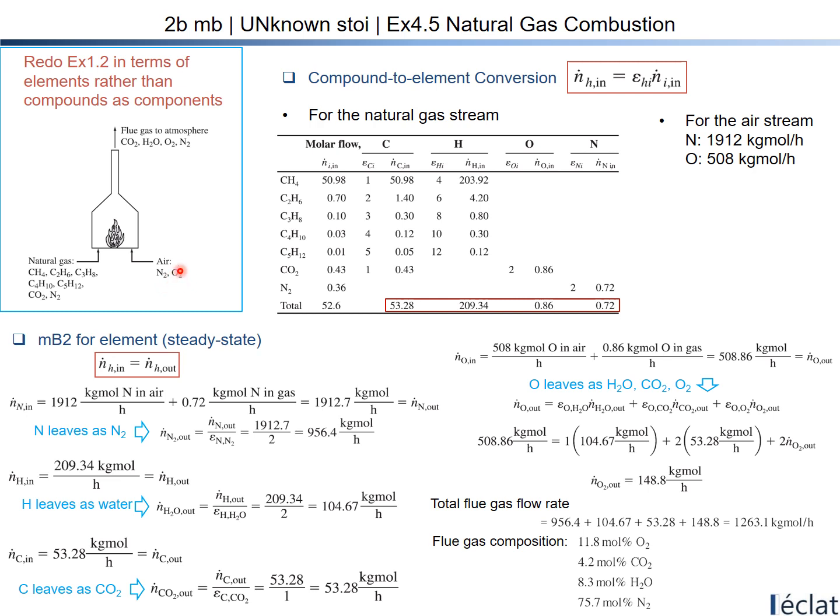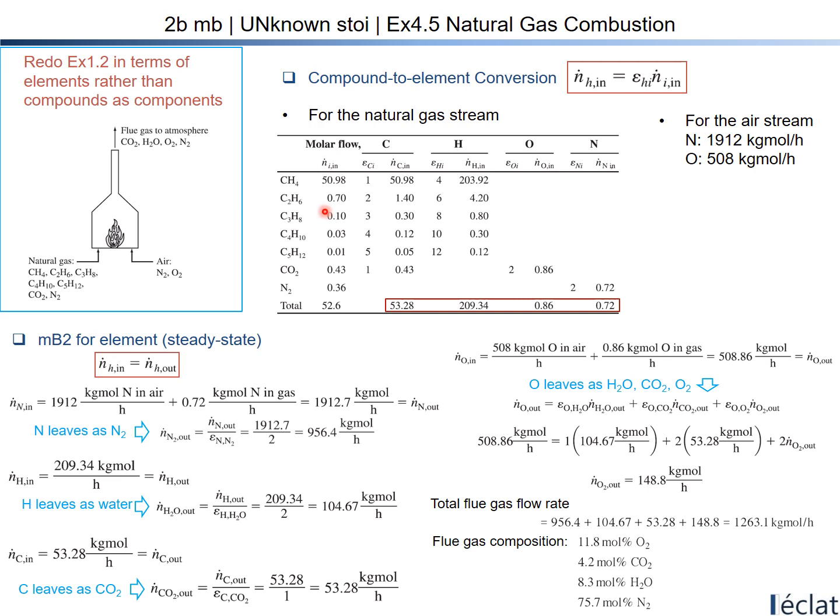So let me use the elements as the components for the material balance equations, because in this problem statement we don't have any information about the chemical reaction equations. So let me change the values for the molecules to the values for atoms. For the natural gas stream, we have 5 alkanes plus 2 more compounds, CO2 and nitrogen. And what we know is the flow rate in input streams.